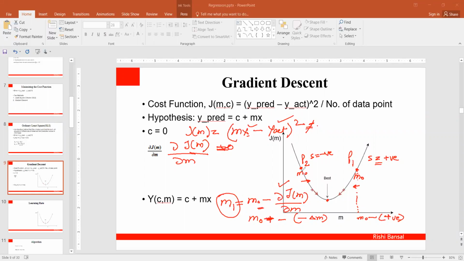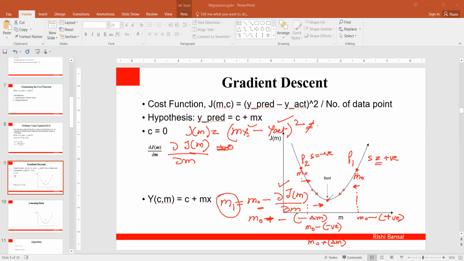Now take the second case, when you are on point 2. Here this is again m naught. Same equation, but your slope is negative here. So this will become m naught plus some value, because negative will become positive. M naught plus, I will say, delta m. When you do this, you will start moving towards right.